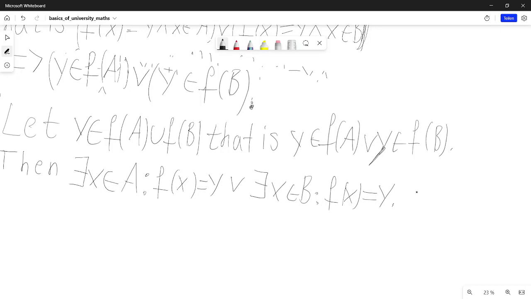But well, if that is the case, and that is equivalent, and that's in brackets, I mean the parentheses.